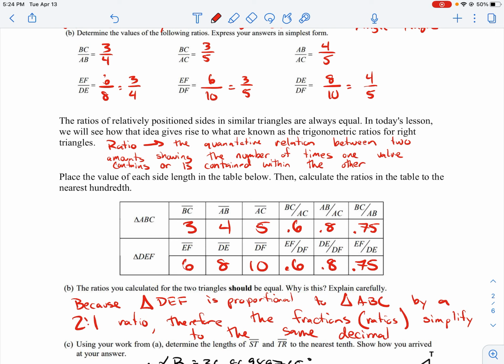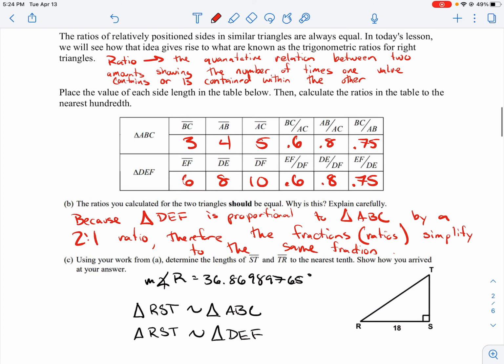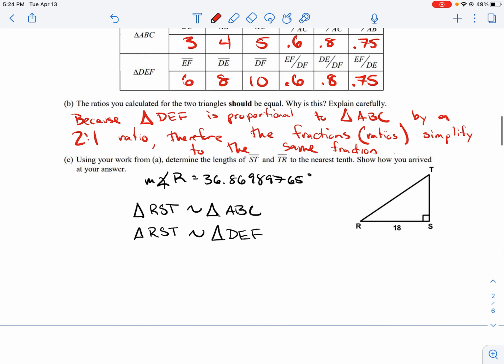Okay? So they end up simplifying, not to the same decimal, the same fraction, sorry. So because DEF is proportional to ABC by a 2-to-1 ratio, meaning that all the sides are just double the amount, therefore these ratios, when we simplify these fractions, should simplify to the same fractions or ratios we got from triangle ABC.